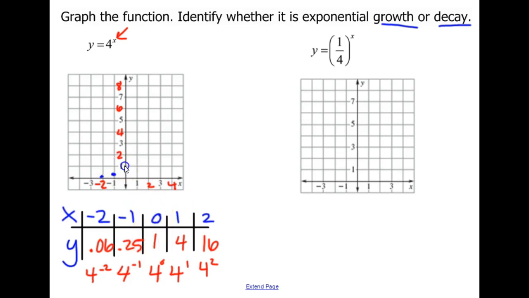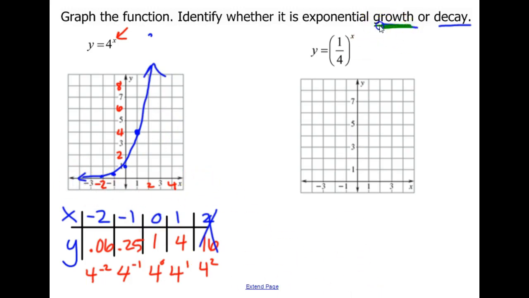At 0, I'm up 1. At 1, we're up 4. At 2, up 16, which is going to be way up here somewhere. We can't really plot that one. So draw yourself a nice curve there. It's going to get really close, but we're not going to touch the x-axis.